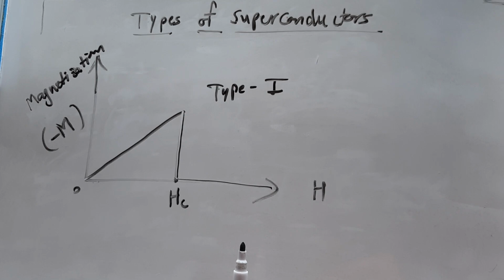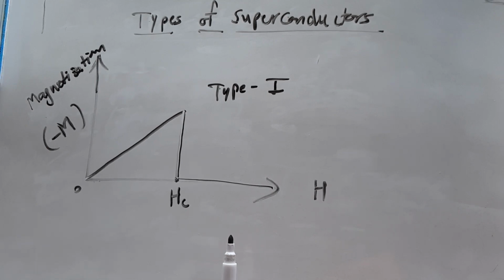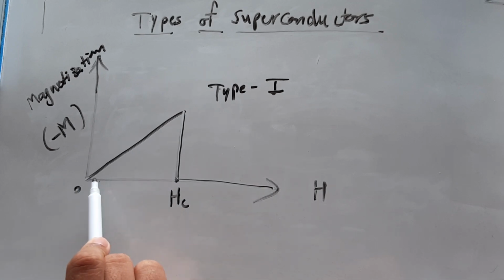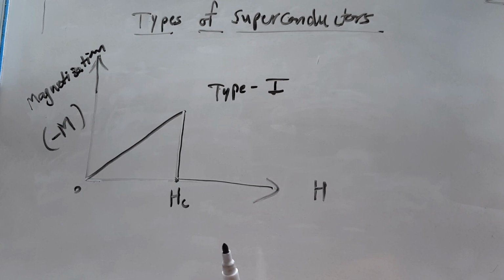Up to critical field strength means this much, up to this much. So for all these values up to the critical field strength, magnetization of the material grows in proportion to the external field.